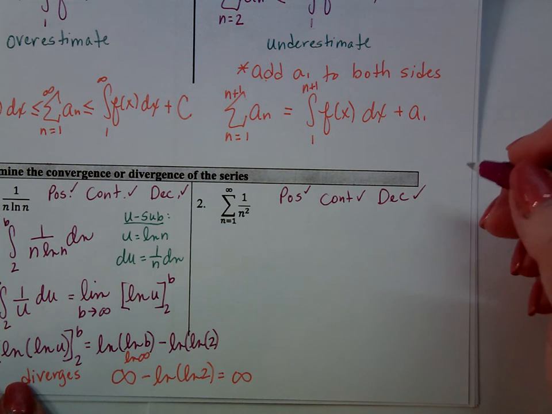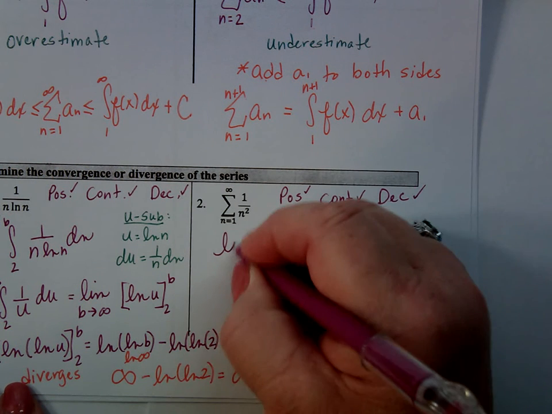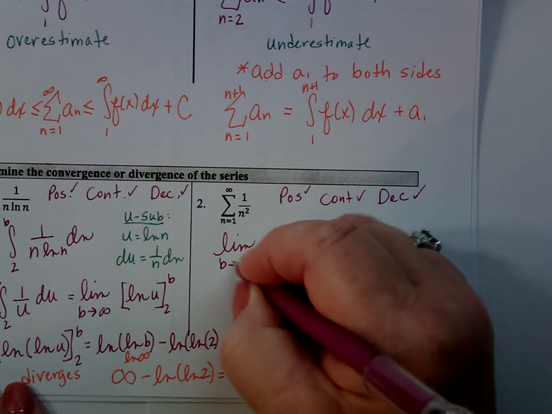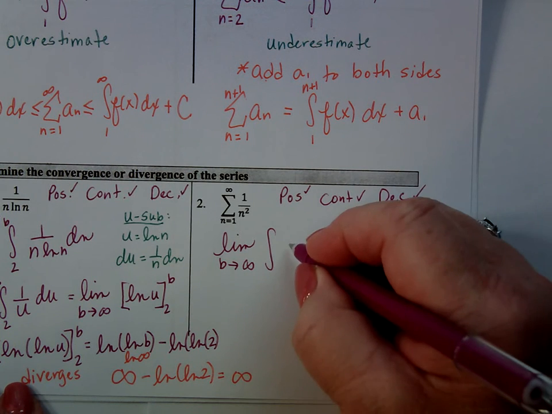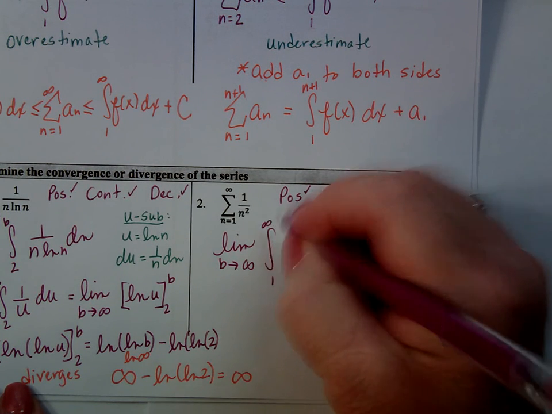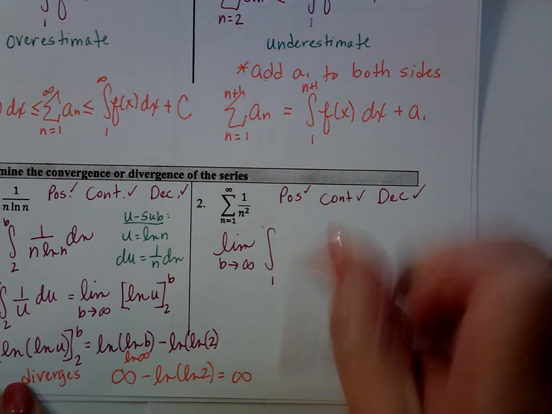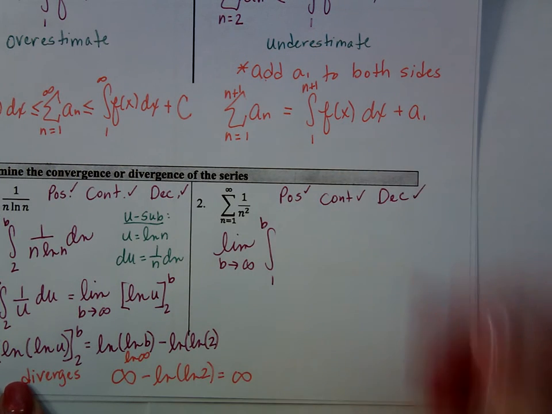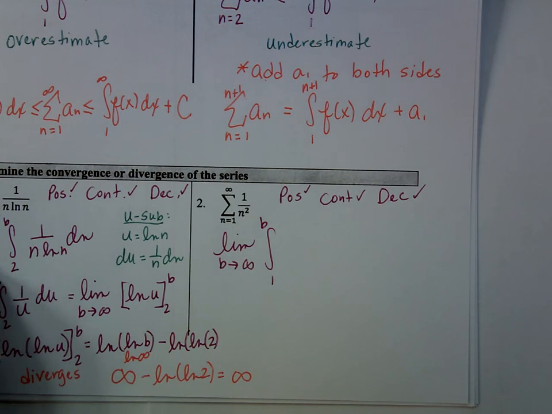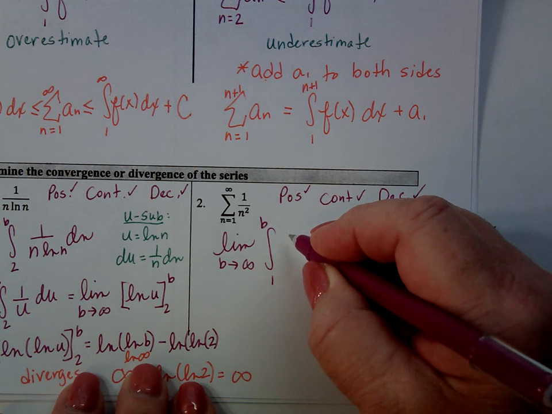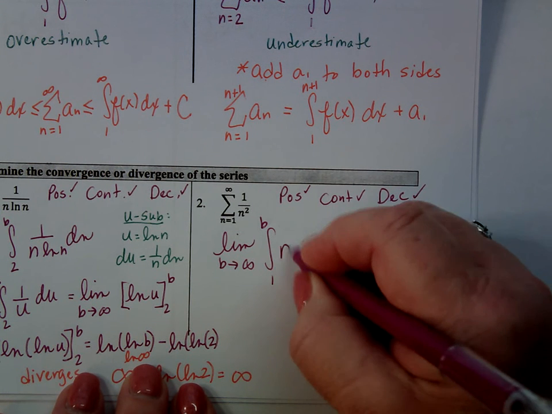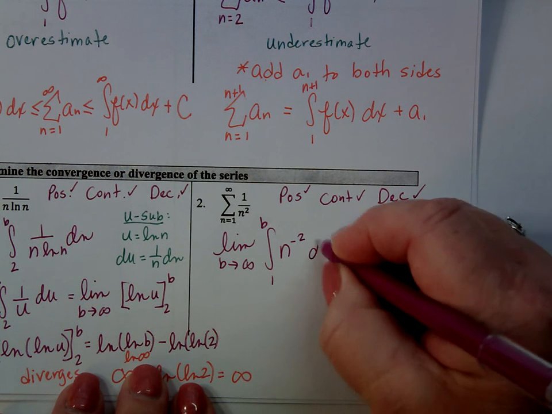So let's check it out. I'm going to take the limit as b approaches infinity for the integral going from 1 to infinity, or 1 to b, I should say, since I'm using the b. Why do they do that, by the way? Do you remember that? This is like an improper integral. So since it's an improper integral, you have to put it into improper terms, if you remember that from back with improper integrals. But anyway, I have 1 over n squared, or n to the negative 2, dn.